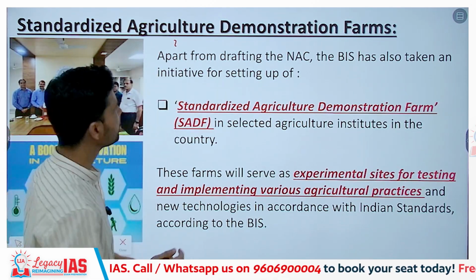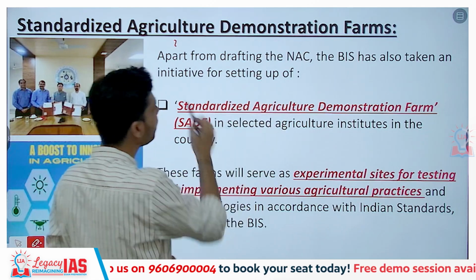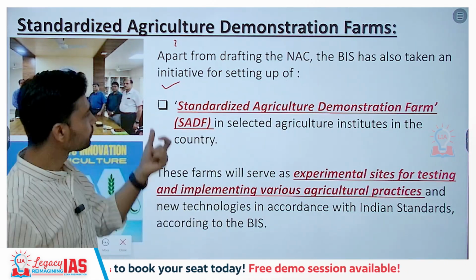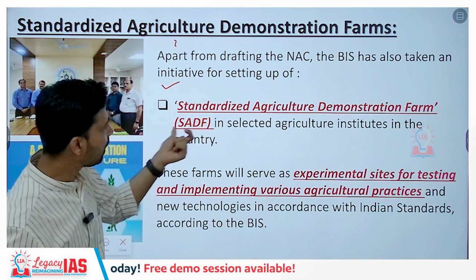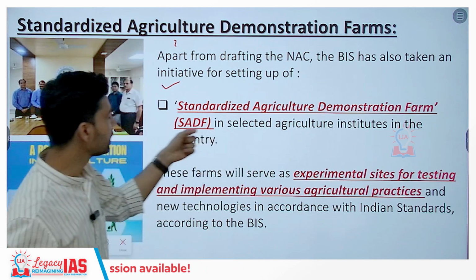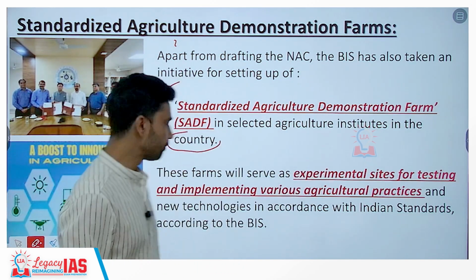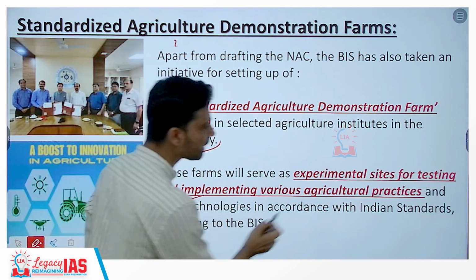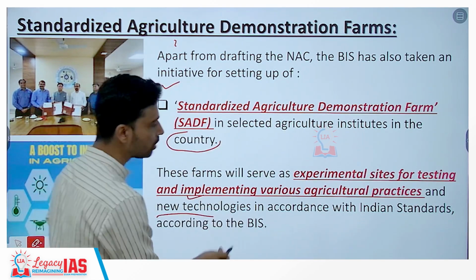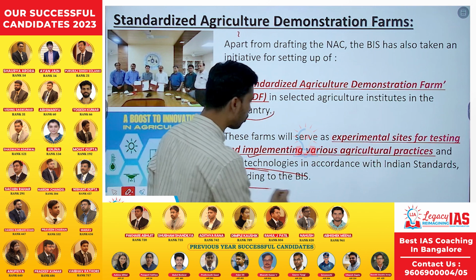These farms are expected to be set up in selected agricultural institutes in the country, and will serve as experimental sites for testing and implementing various agricultural practices and new technologies in accordance with the Indian standards of the BIS.